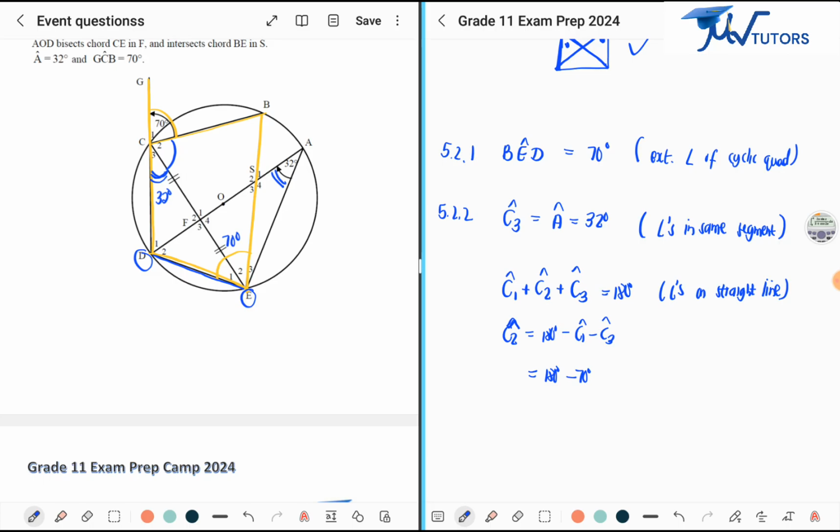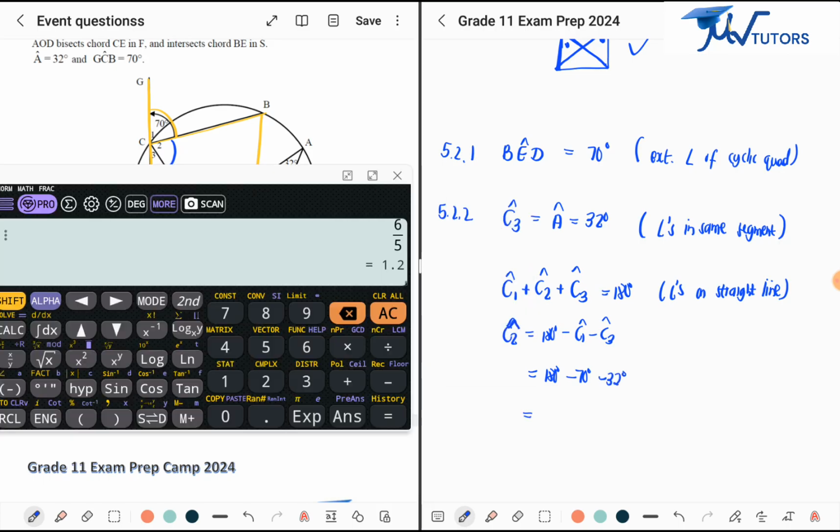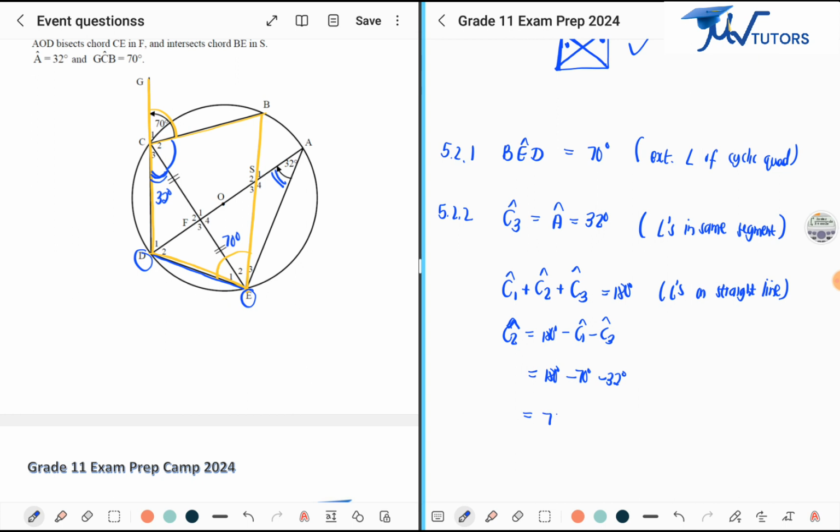We also know what C3 is. It's 32 degrees. Then we can just simply use our calculator. We have 180 minus 70 minus 32 is 78 degrees.